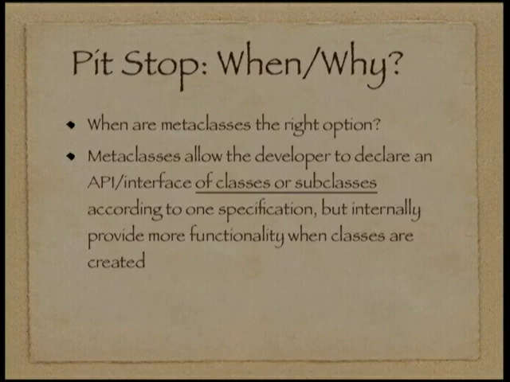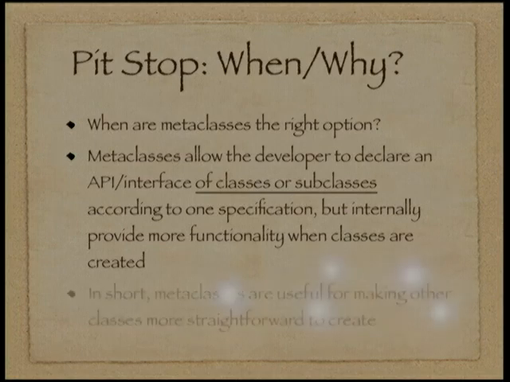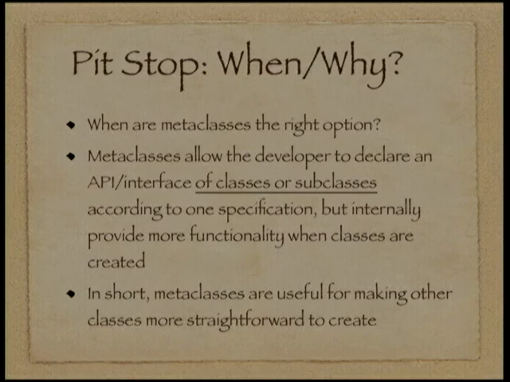And the ease for those classes offsets the complexity in the metaclass. Django models are a great example of this. Can you imagine trying to write or shoehorn the code in that does all of that stuff every single time? It makes the Django API much easier to program against because they're using metaclasses. In short, they're useful for making your concrete classes much more straightforward, less likely to be buggy, that sort of thing.